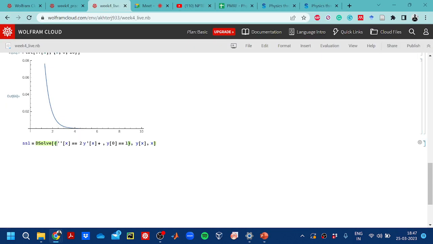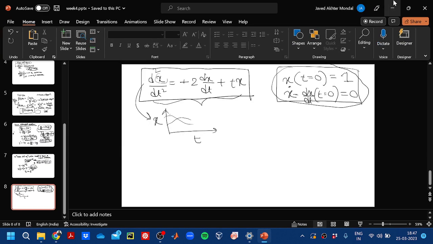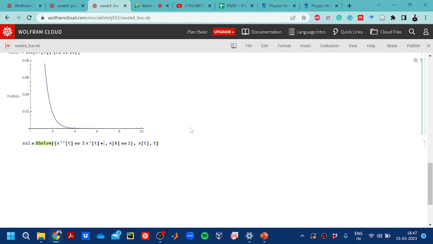Let us change the notation: x as a function of t, where the independent variable is t. So you have to write down t into x, so just write x[t]. This is our equation which we want to solve.